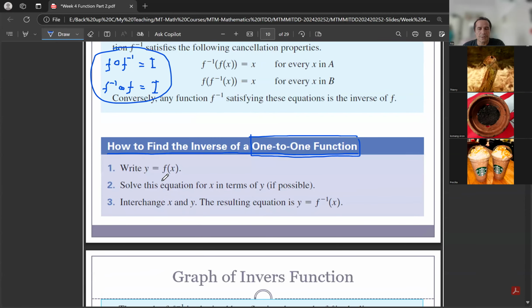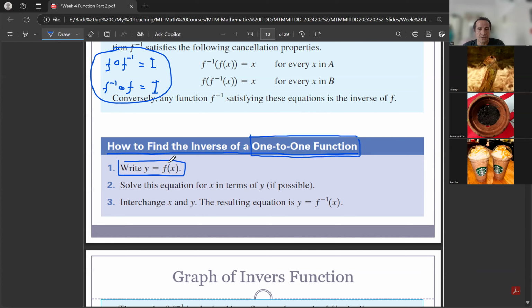So how to find the inverse? These are the steps to find the inverse of a one-to-one function. First, we replace f(x) by y. Then solve this equation for x in terms of y.